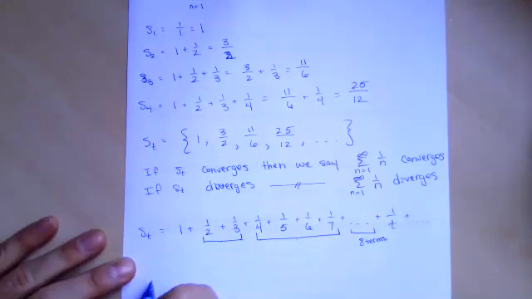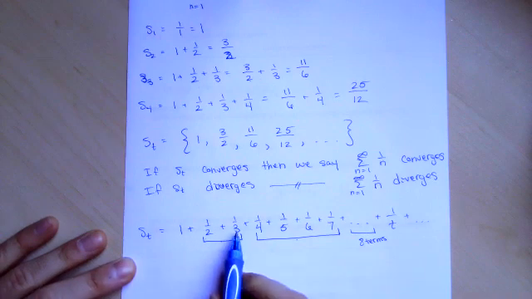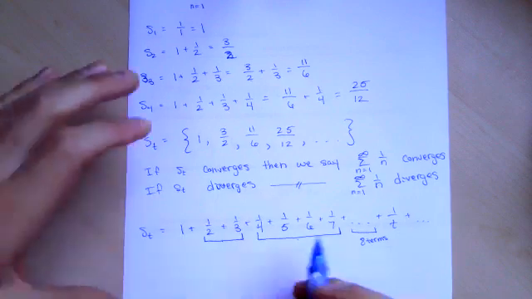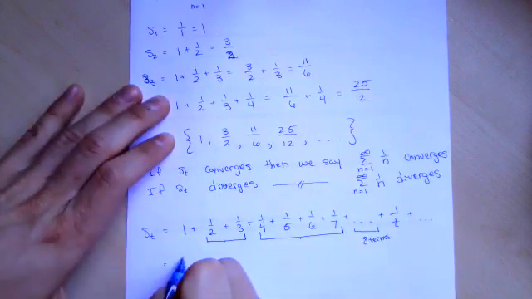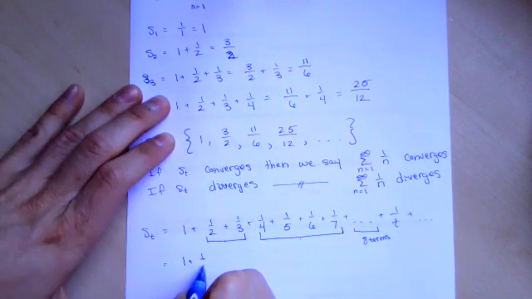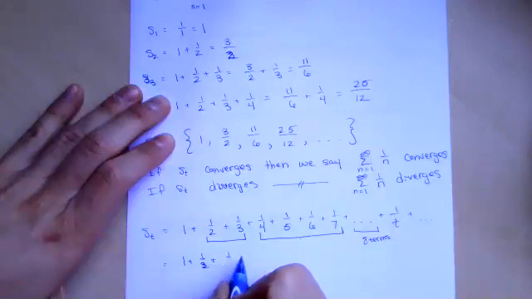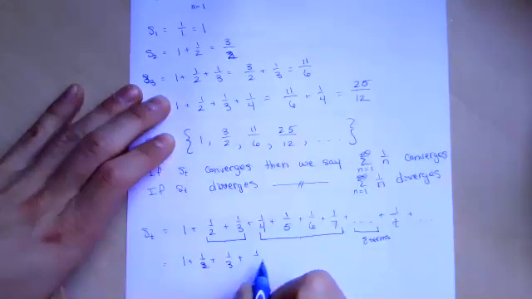And we can bound those. Did I do this wrong? I think I did. Yeah, because you've got to do 1/2, then 1/3 and 1/4. Let's write it out again.